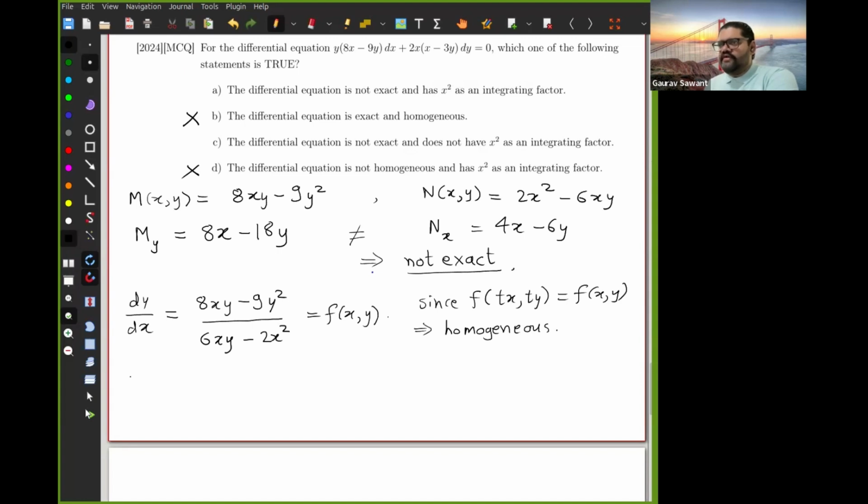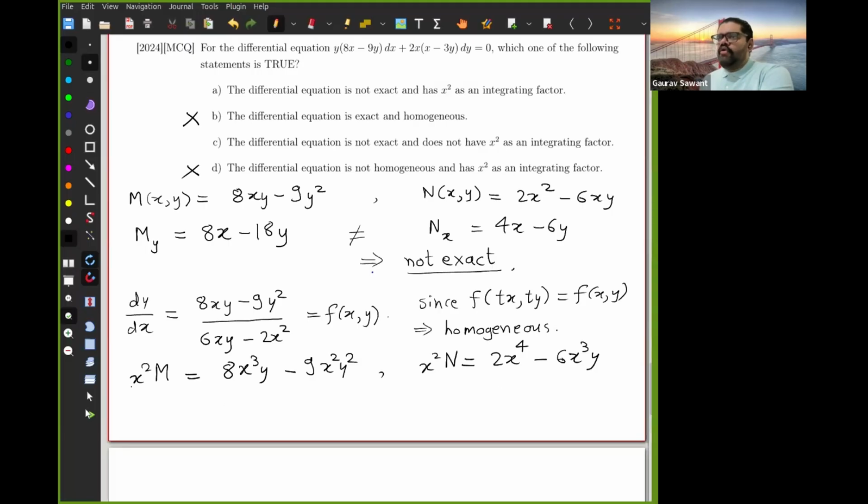So I will have x square M equal to 8x cube y minus 9x square y square, and x square N equal to 2x power 4 minus 6x cube y.